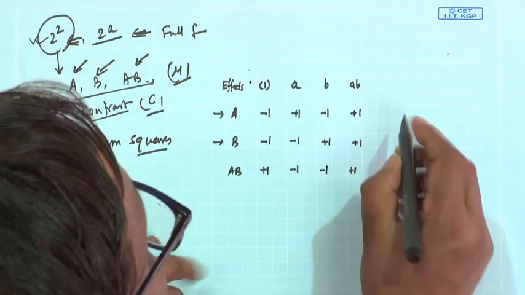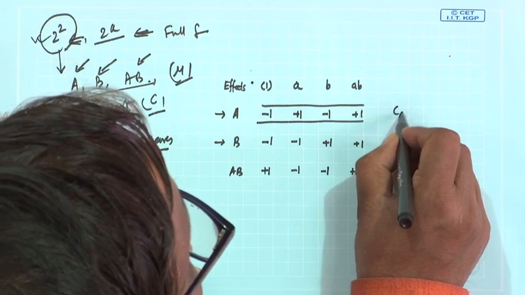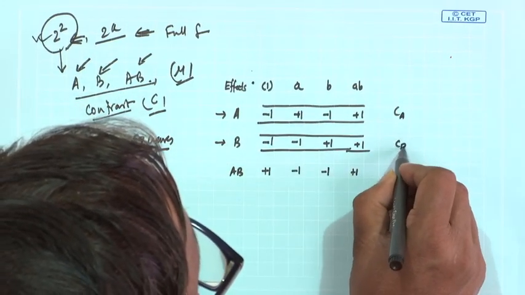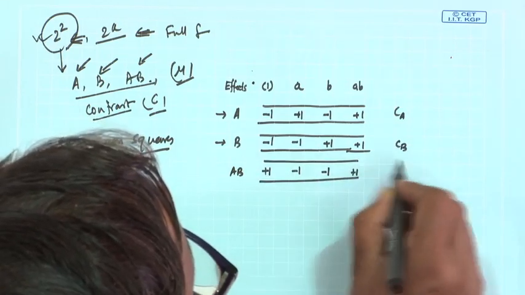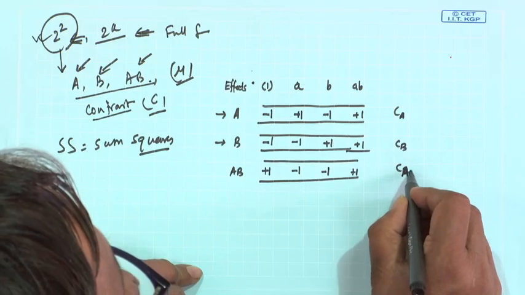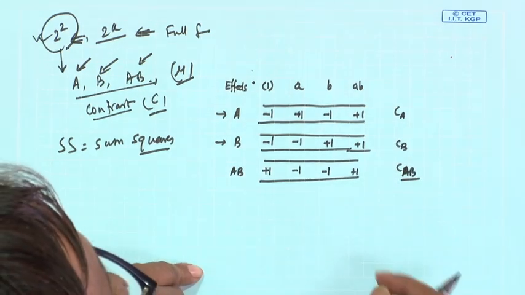So, this row represents the contrast for A, this row represents the contrast for B, this row represents the contrast for AB. This is what the contrast is.